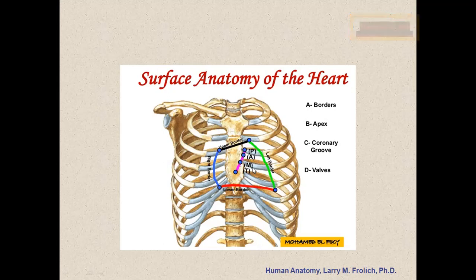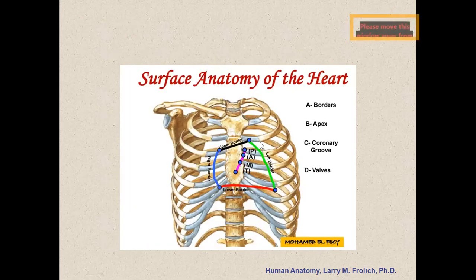Then at the fourth rib, again on the parasternal margin on the left side, we have the mitral valve. Then if you come down to the fifth rib, in the middle of the body of the sternum, if you palpate there, we will be able to auscultate the tricuspid valve. So these are the positions for the pulmonary valve, aortic valve, mitral valve, and the tricuspid valve.